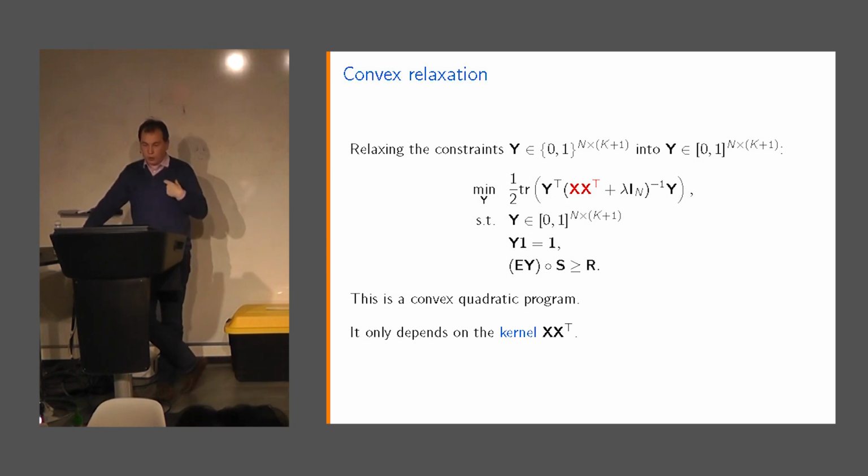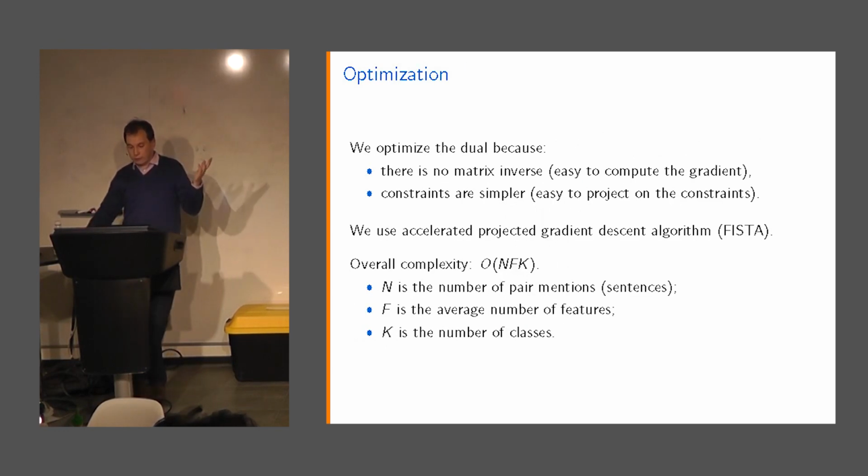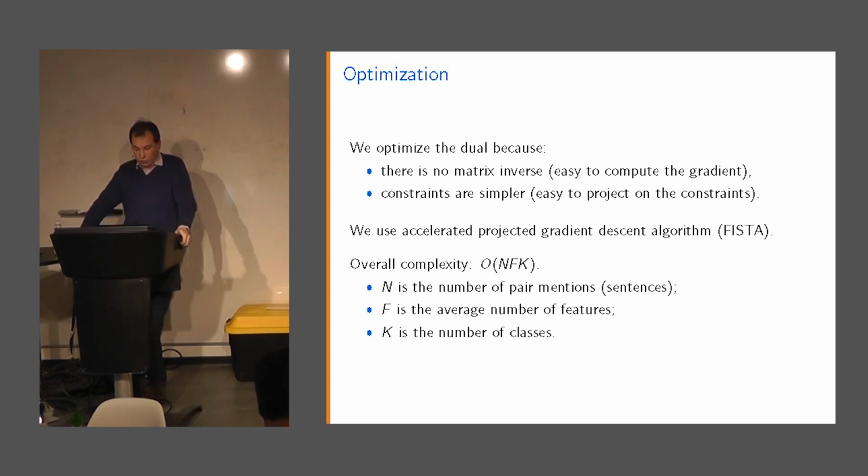If you have millions of examples, this matrix XX transpose plus lambda I_N is a million times a million, so it's a very large matrix, and it's not necessarily easy to compute its inverse. But in the dual, you get rid of this inverse, and moreover the constraints are much simpler, so it's very easy to project on the constraint.